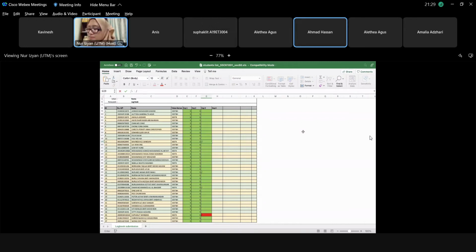Yeah. The equipment that is going to be used in this experiment to determine the zinc in the solution. The name of the equipment. AAS. AAS stands for atomic absorption spectroscopy.